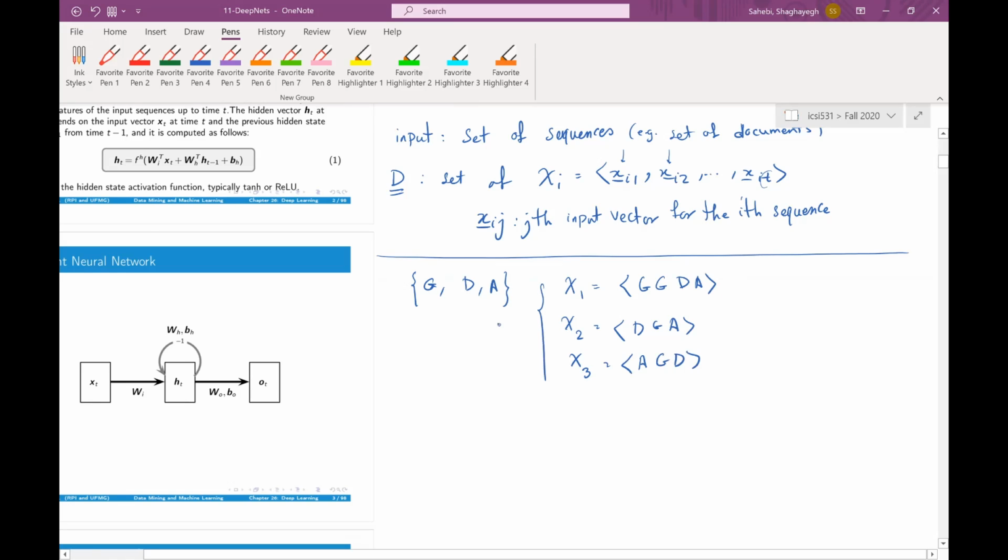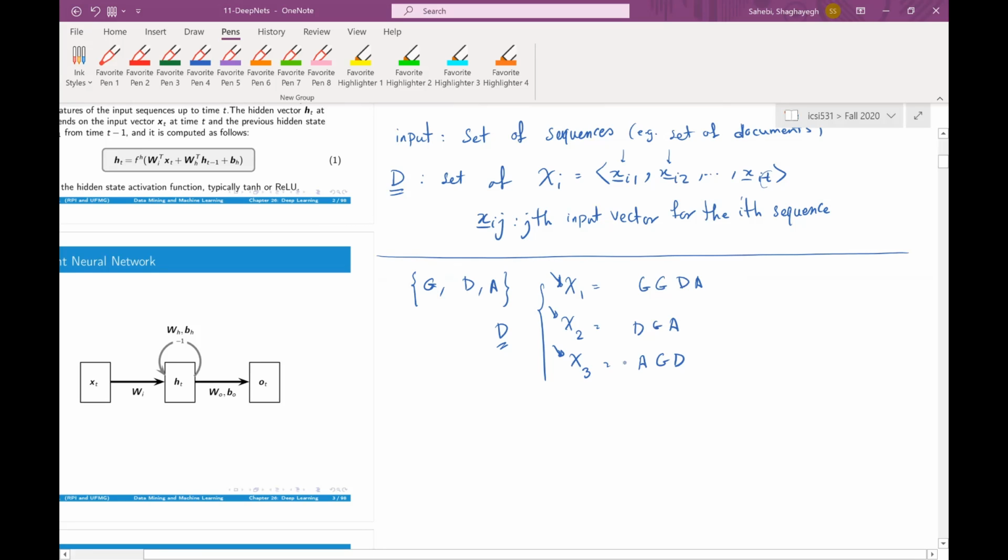All of this is your data. Each of these is going to be one of your sequences. And then inside the sequence, we are going to represent these sequences in a way that our algorithm understands, right?